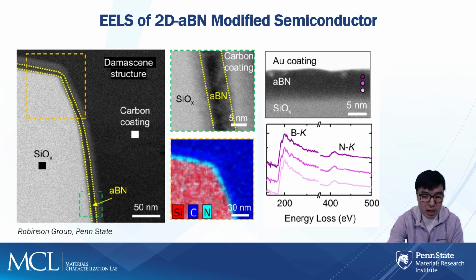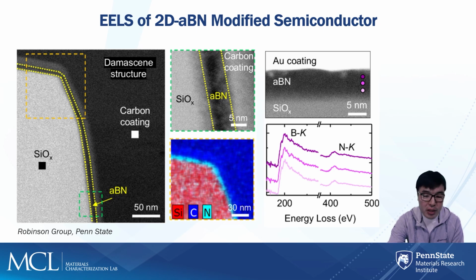The material here is a 2D boron nitride layer modified semiconductor device. Because the boron nitride layer here is very thin, and also its structure is amorphous, it was very challenging to directly image this layer.